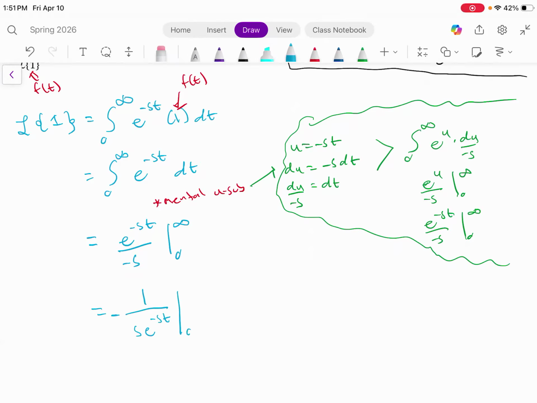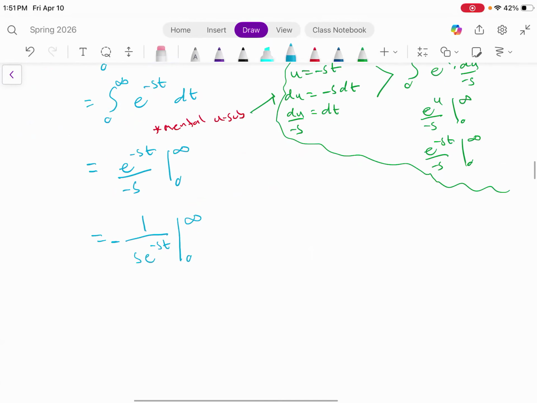Still going from 0 to infinity. So let's plug in our bounds now. This is negative 1 over s e to the negative s times infinity, minus negative 1 over s e to the negative s times 0.